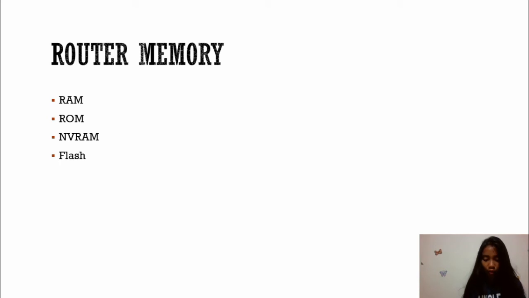So the next one is the session. It provides services to the presentation layer to organize its dialogue and to manage data exchange. The next one is the presentation.